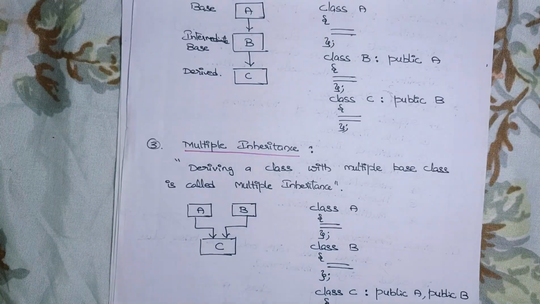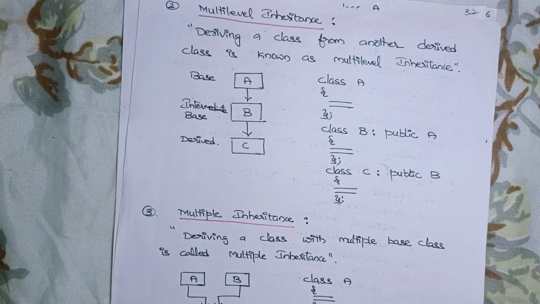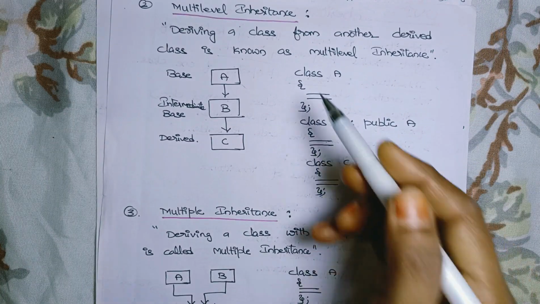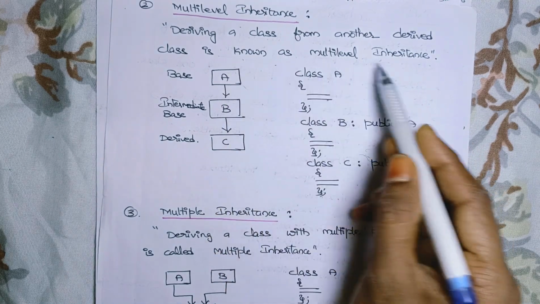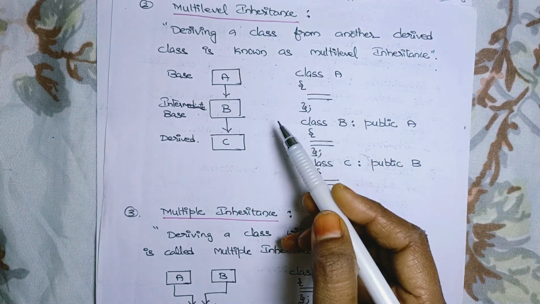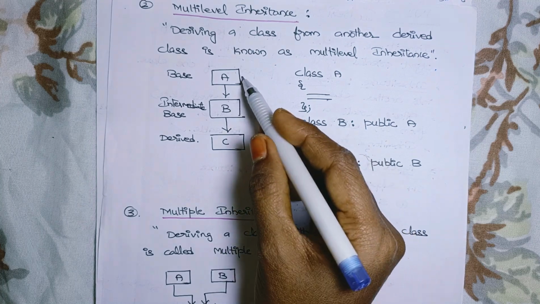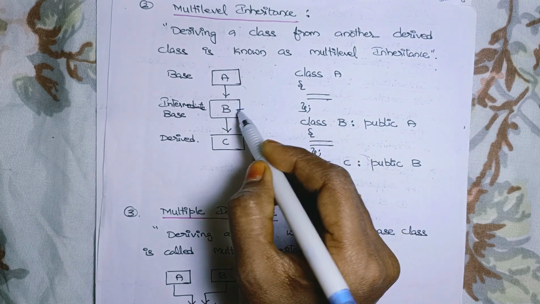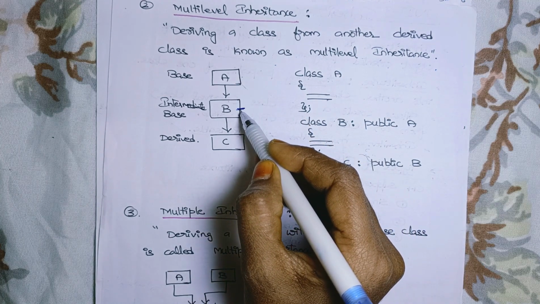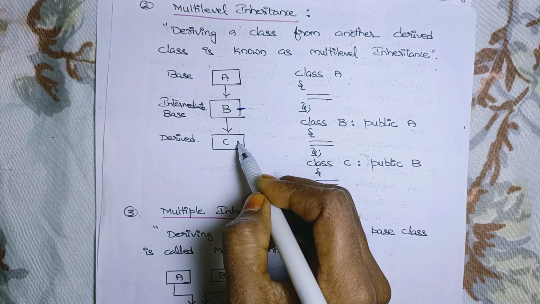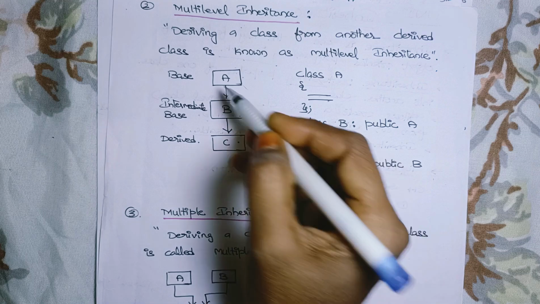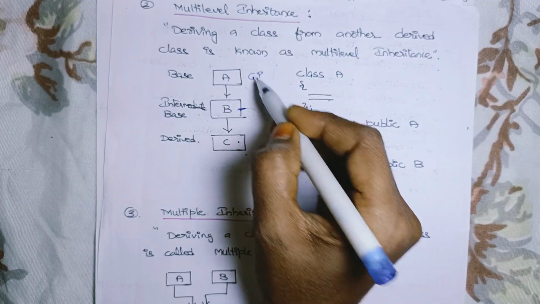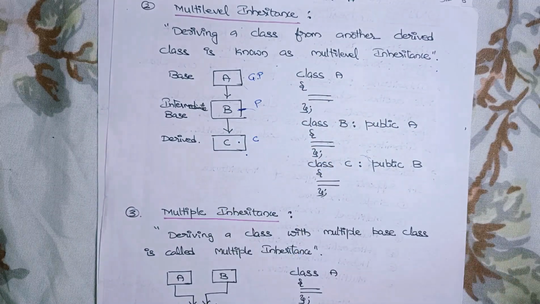Now after single inheritance, multi-level inheritance. Deriving a class from another derived class is known as multi-level inheritance. This is an already derived class, and from this derived class you are deriving one more class. Simply remember it as a grandparent, parent, child relationship.